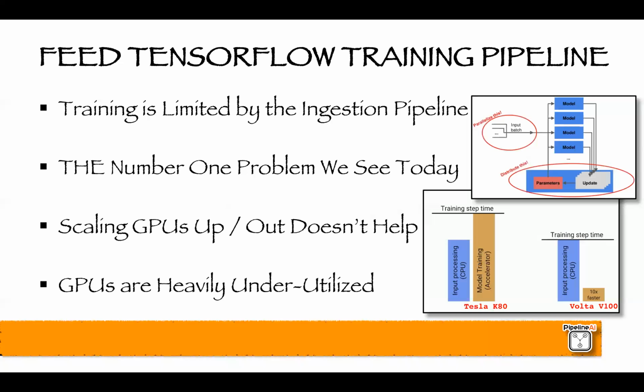We want our GPU to be focused on backpropagating and matrix multiplies and not just cropping and simple shading and things like that. But these GPUs are so heavily underutilized because of slower pipelines, and there are natural limits to how fast you can get data off of HDFS onto the GPU.